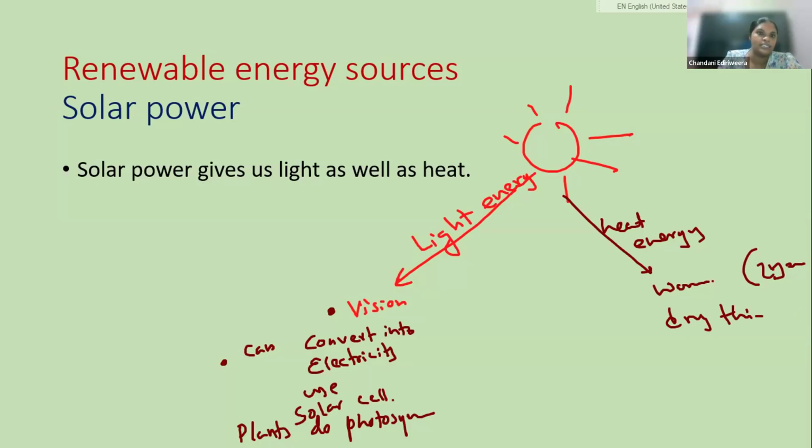Also we can trap this heat energy and heat water. We can also separate salt from sea water, making sea salt. We can make the salt in the salt pans: the water evaporates and the salt is produced.